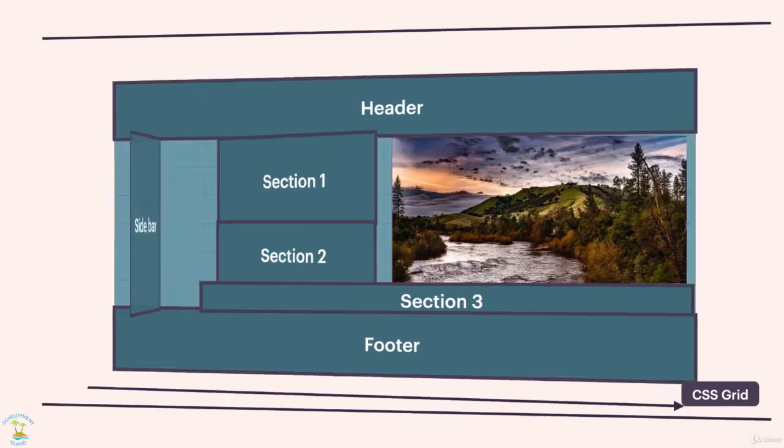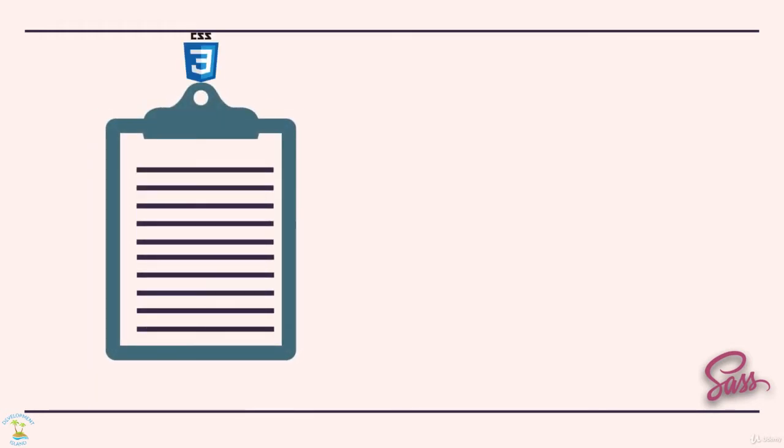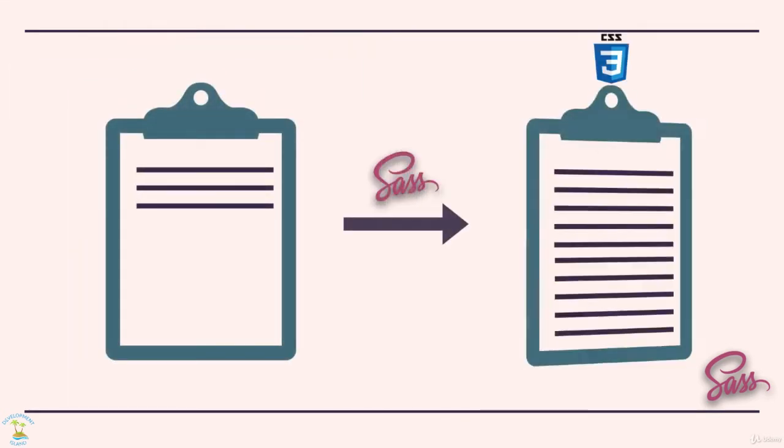Now moving on to Sass. Sass will help you save time by writing less CSS content. Sass is a CSS preprocessor, which means that instead of writing a big CSS file, you give Sass only a few lines of code, which are then compiled into a final CSS file.